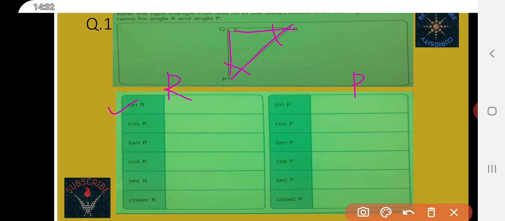So for angle R first we discuss which side is P and which side is B, base.